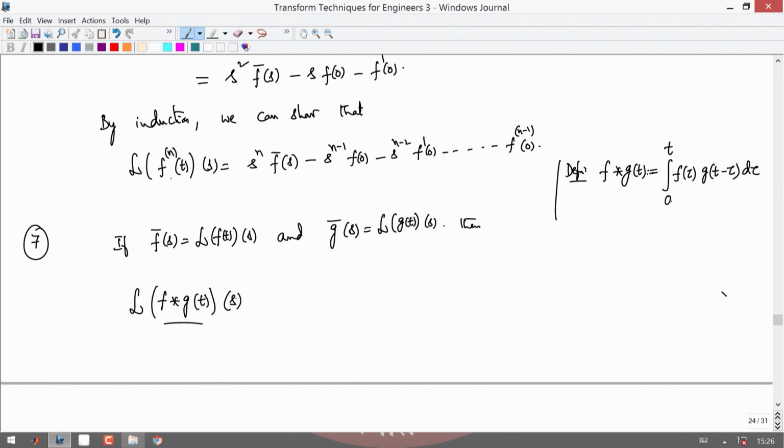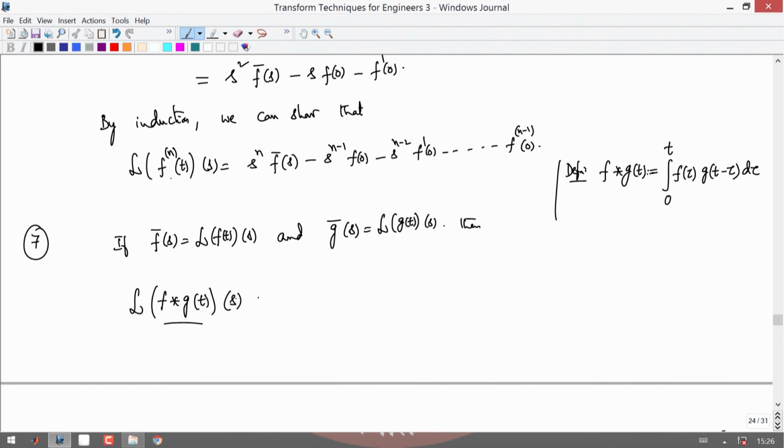Since t is fixed, tau is always less than t, so t minus tau is always positive, and tau is anyway positive. In that sense the integral makes sense. If you do it from 0 to infinity, you cannot guarantee that t minus tau is always positive. So, that is the reason we take from 0 to t as the definition of a convolution.